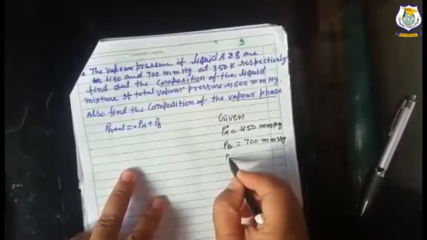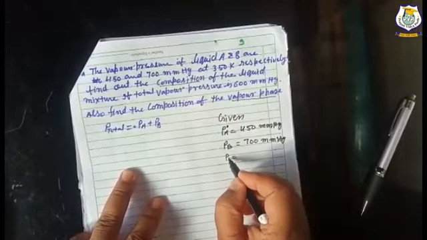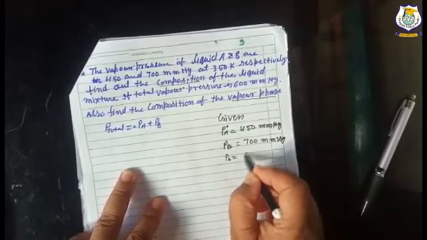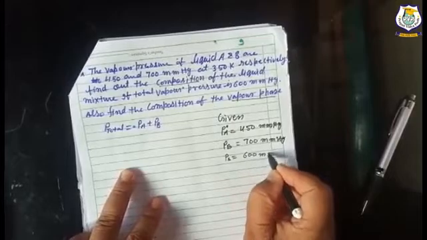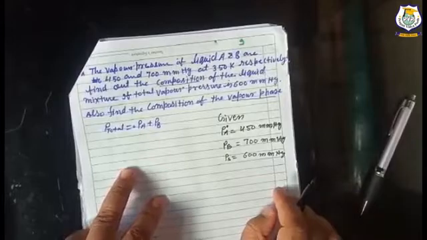Total vapor pressure PS, which means vapor pressure of solution, equals 600 mmHg. In this numerical, only vapor pressures are given.